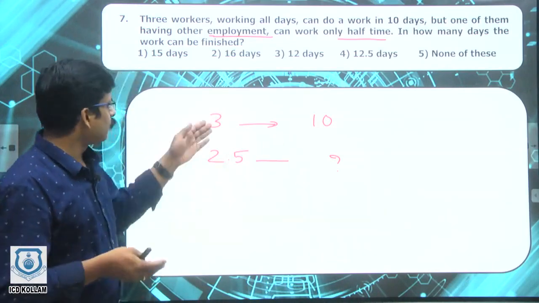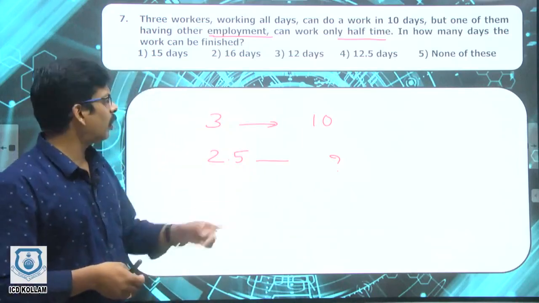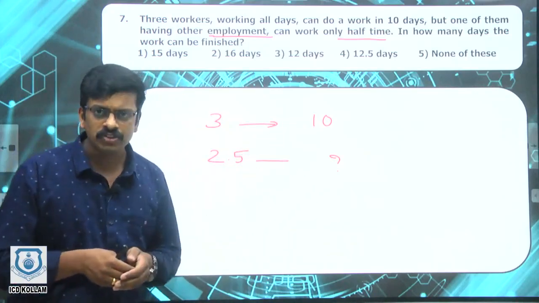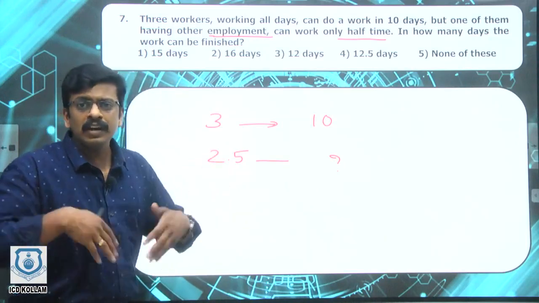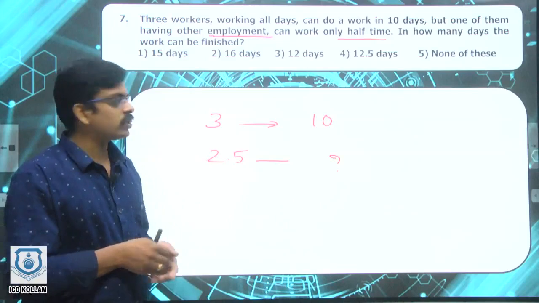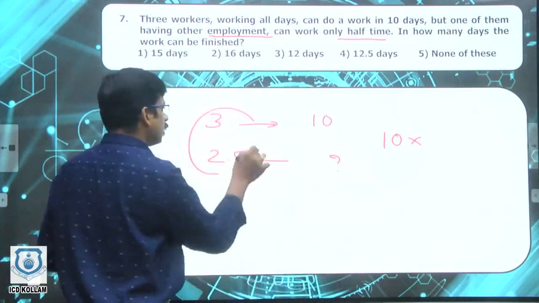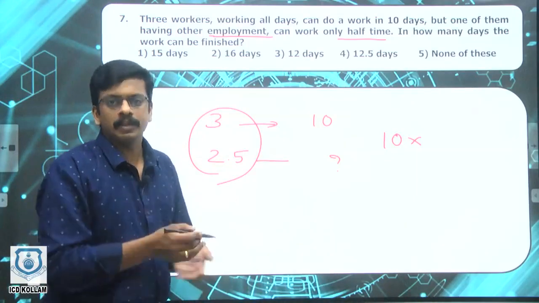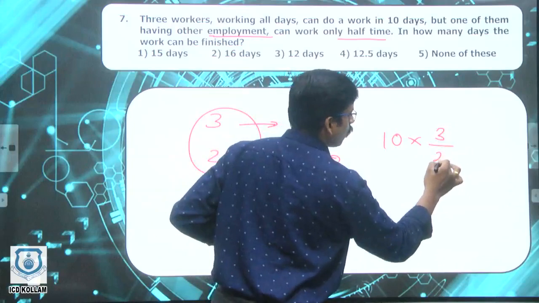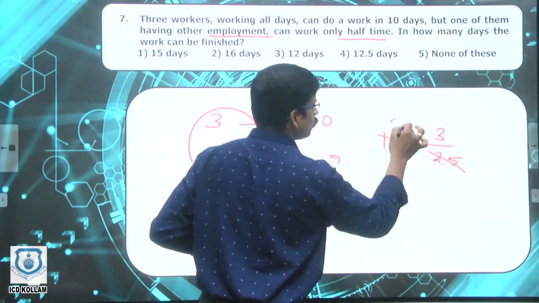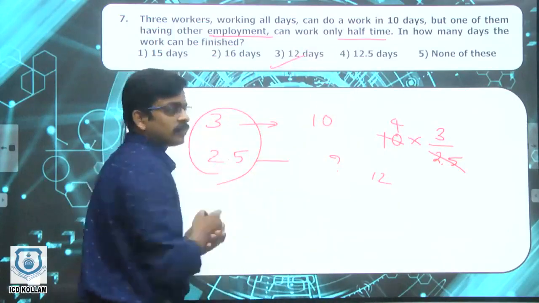You know, if 3 persons are working on a job, it will take 10 days. Then, fewer persons will definitely take more days. So, your answer is 10 into a fraction that leads to a big number. For getting a big number, big numerator and small denominator, we can simply cancel these two numbers, and 4 into 3. 12 days is the correct answer.